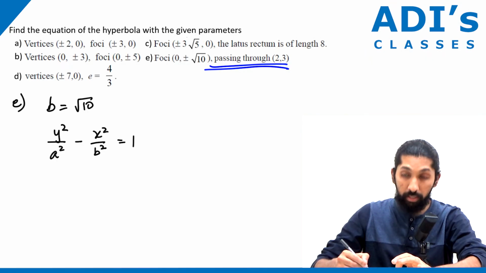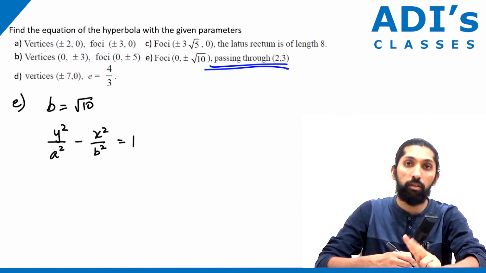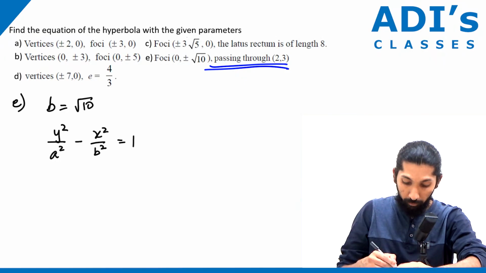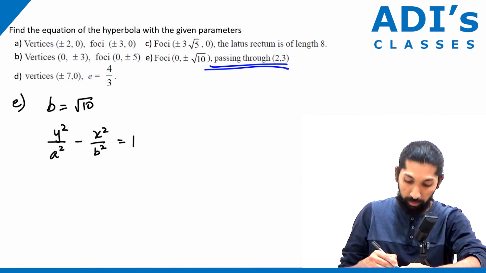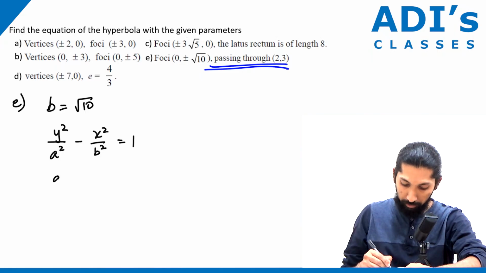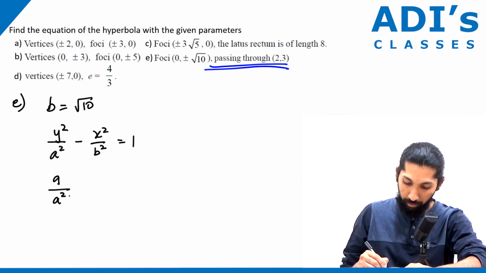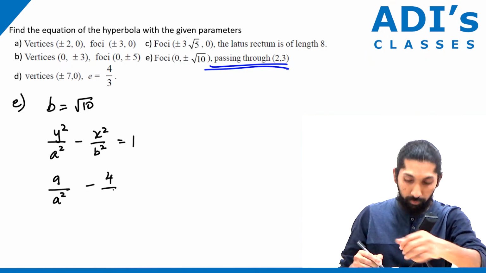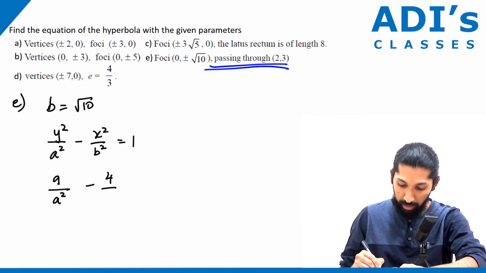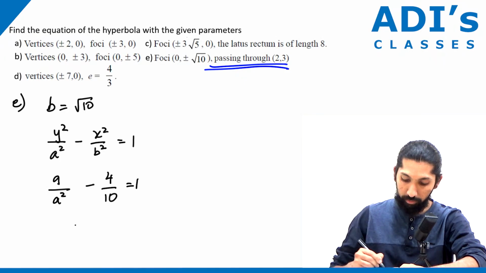Now, it is passing through 2 comma 3. That means x value is 2, y value is 3. When you put x as 2 and y as 3, 3 square is 9 by a square minus x is 2, so 2 square is 4, by b square is 10, is equal to 1.